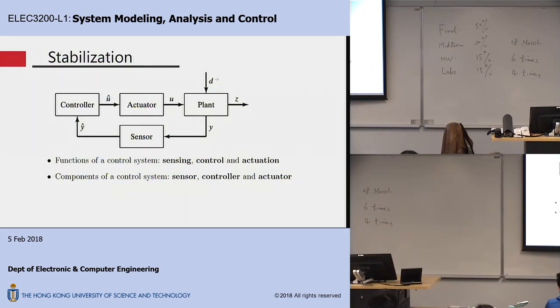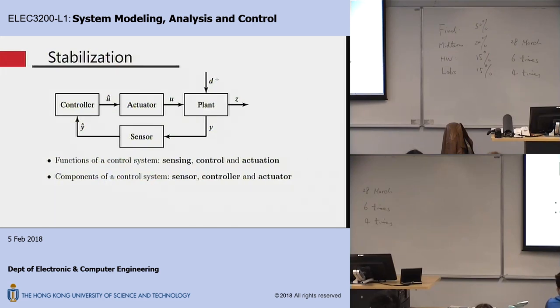So how to influence the mechanical system? Usually, you know, you have to have a motor. So this motor converts an electric signal to a kind of torque, a kind of force to drive the mechanical system. So that's why you need to have an actuator.